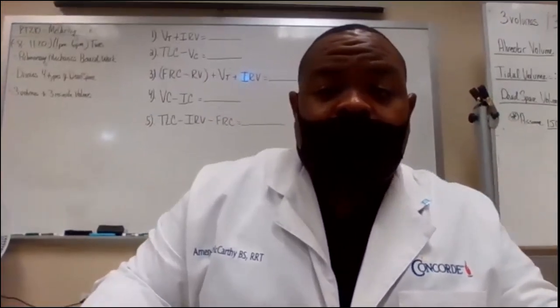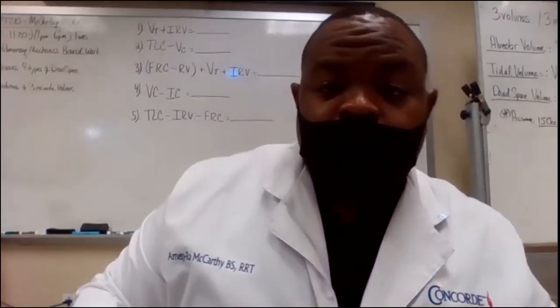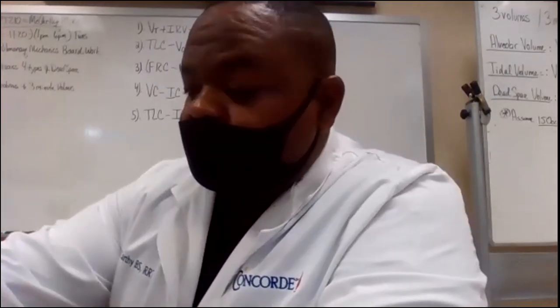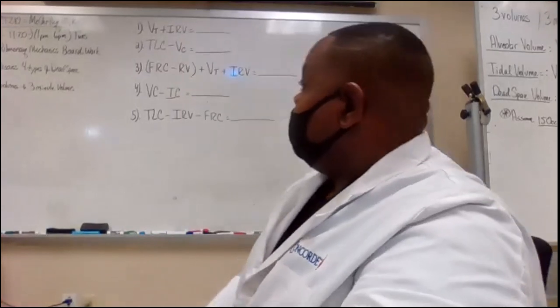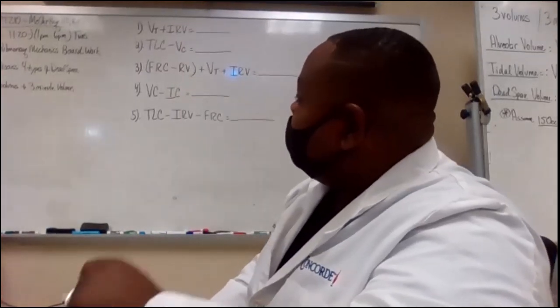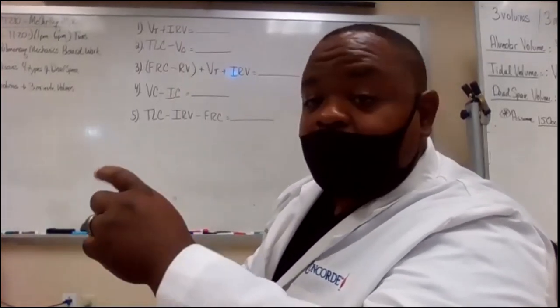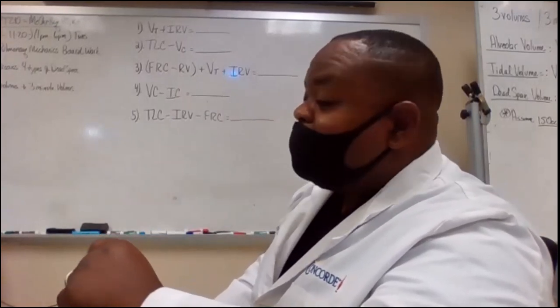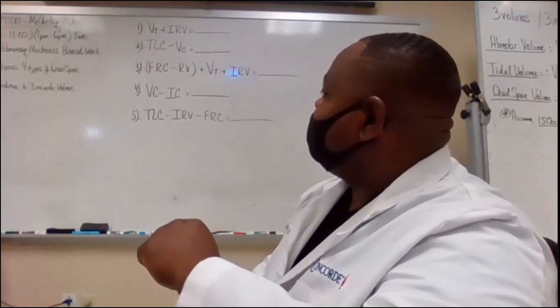This is what we have on the board. Number 1, 2, 3, 4, 5, and they are. Number 1 is tidal volume, or VT, minus IRV equals. Number 2 is TLC minus VC equals.